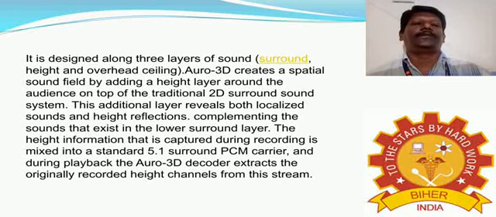The height information captured during recording is mixed into a standard 5.1 surround PCM carrier. During playback, the Auro 3D decoder extracts the originally recorded height channels from this stream.